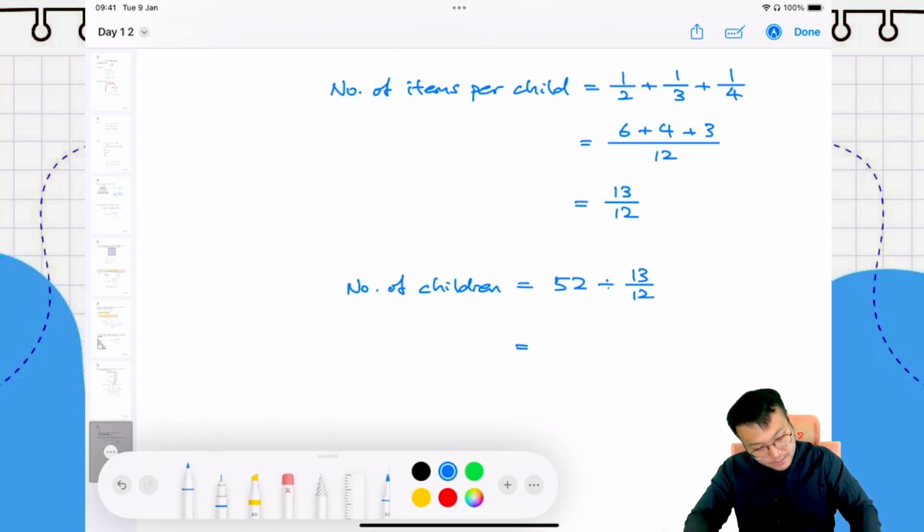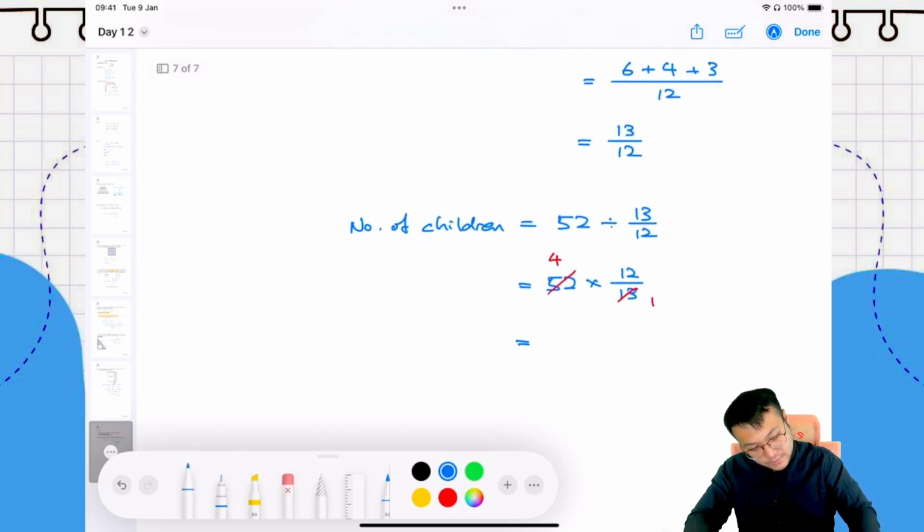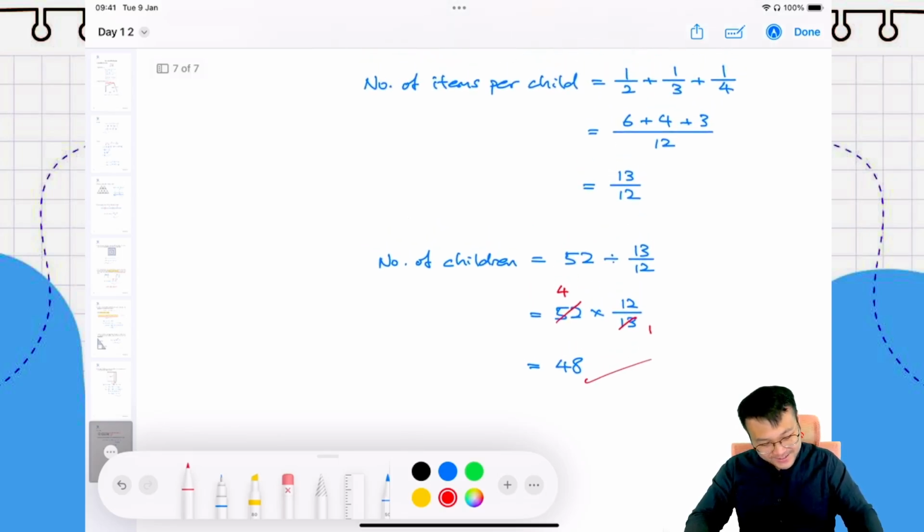Right? Then you must KFC: keep, flip, and change. Divide by 13. Your answer will be 48. Well done, Brian. You got it correct.